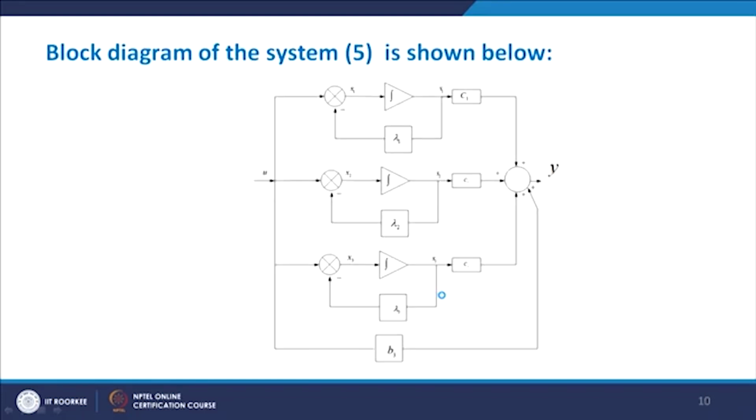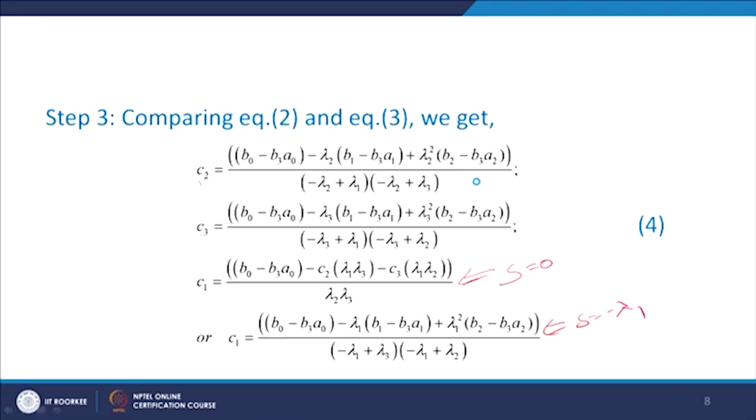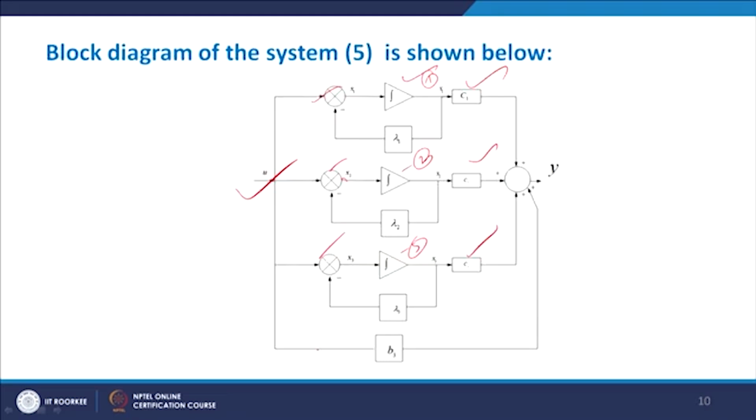And for the block diagram of the system, you see that here there are 3 integrators: integrator 1, integrator 2 and integrator 3. Why 3 integrators? Because you have 3 states, x1 dot, x2 dot and x3 dot, along with these summation blocks. Now this is the input, there are C1 C2 C3 which we have determined here, and here specifically it is B3 into u.